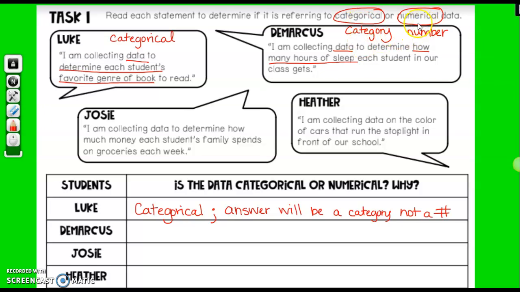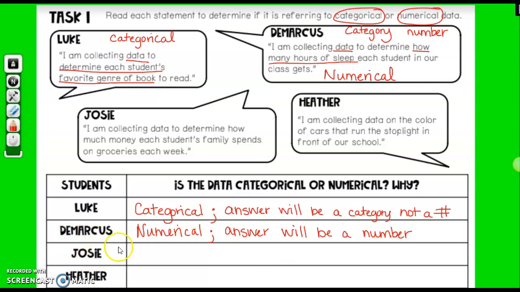No. If you do, he's going to look at you funny. So you're going to say something like, I get 7 hours of sleep a night, or I get 0 hours of sleep a night because I never sleep. That's going to be a number. So that means that your type of data here is numerical. So why is it numerical? Your answer to the question will be a number.